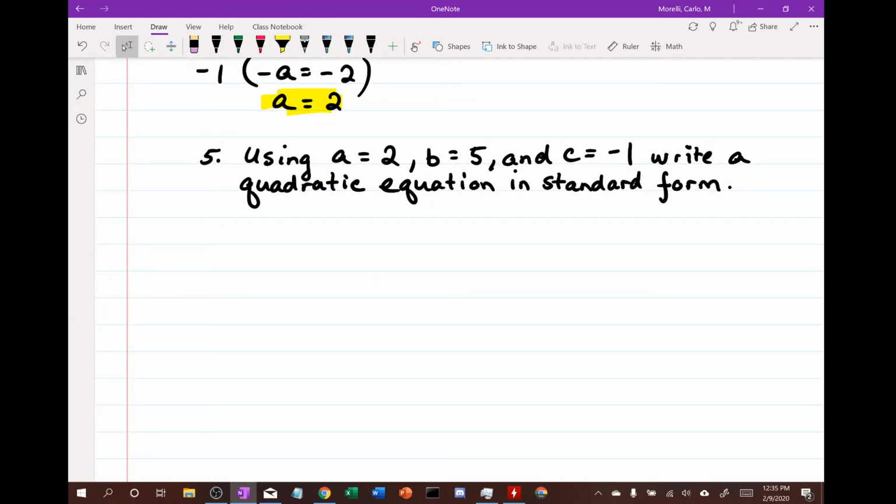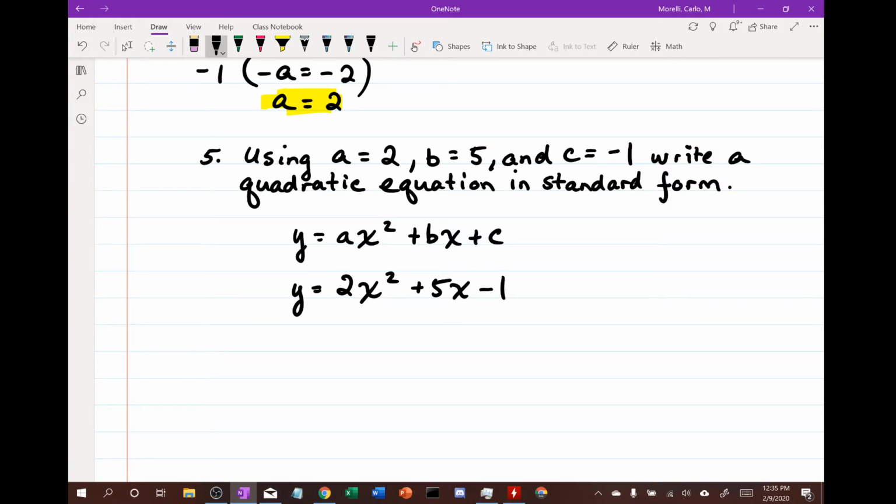Okay? Remember that y equals ax squared plus bx plus c. So y equals 2x squared plus 5x minus 1.